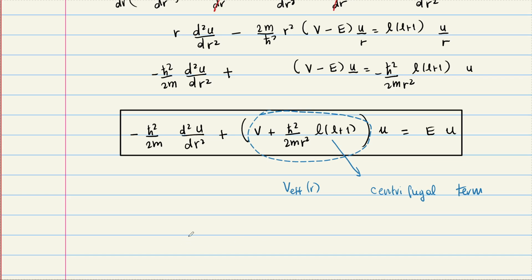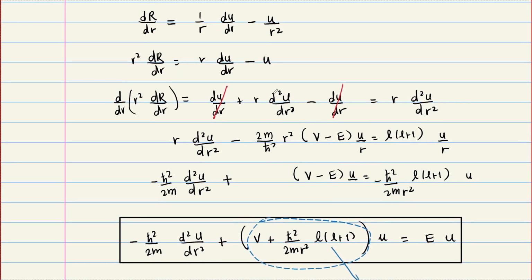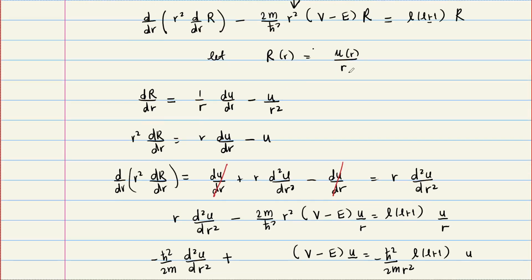And the normalization, let's also write normalization with this new u variable. So this dr r squared is coming from the three-dimensional volume integral, and we have r squared. When we redefine it, we have dr r squared. We defined R to be u over r.